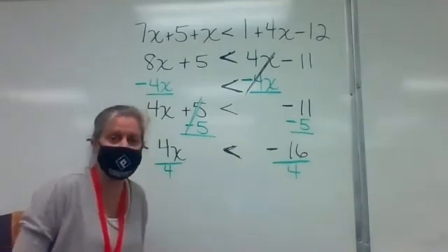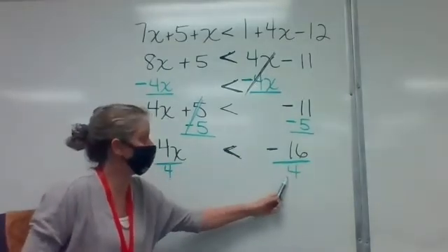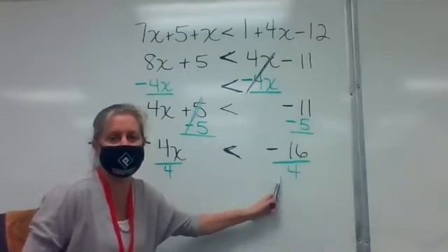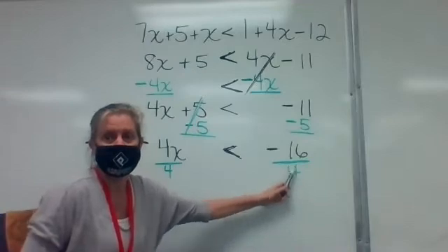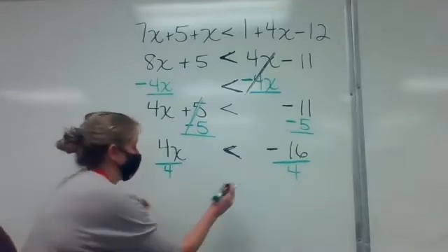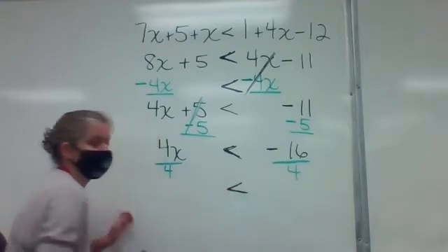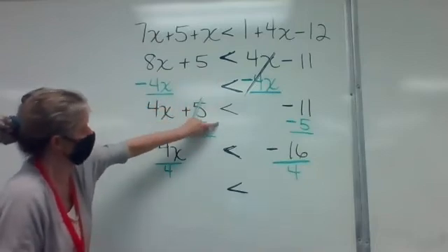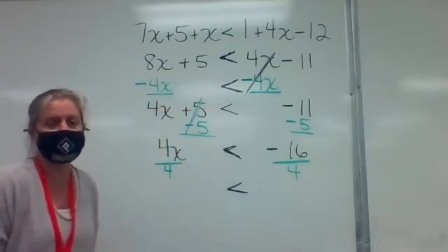If you are dividing by a negative, this number would have to be negative, right? This is the number you are dividing by. So if I'm dividing by 4, I still don't switch my sign around. So you'll notice my sign stayed the same all the way down because I never did divide by a negative.